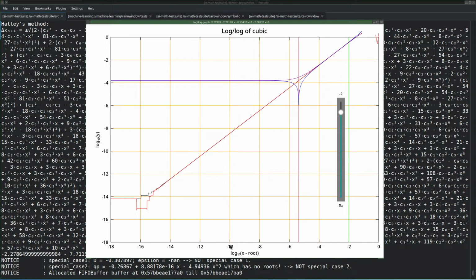What am I saying? It is log 10 of the difference here. So we're all very, very close in the neighborhood of the root, apparently.